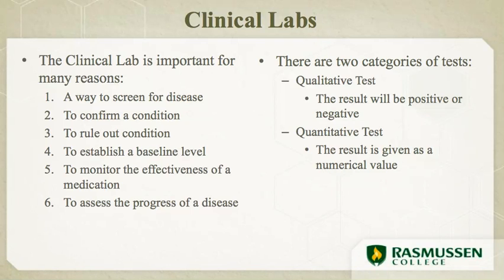Quantitative tests, however, will give you a numerical value. So when we do things like a glucose test or if we're testing a hemoglobin, all of those will give us a numerical value where a qualitative test will give us that positive or negative.